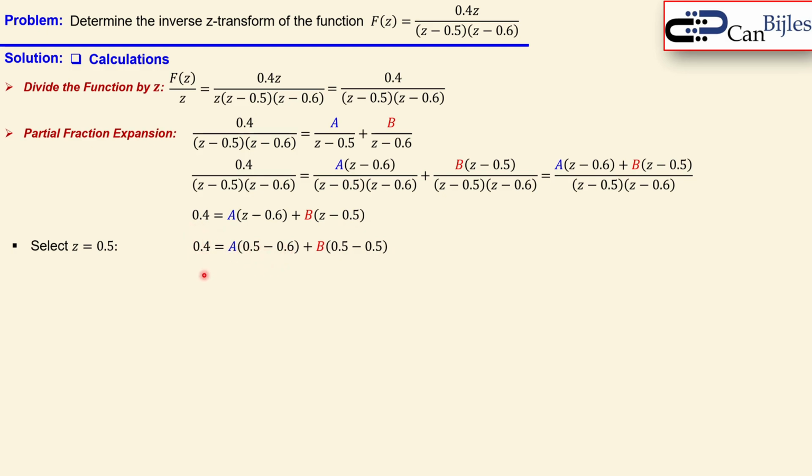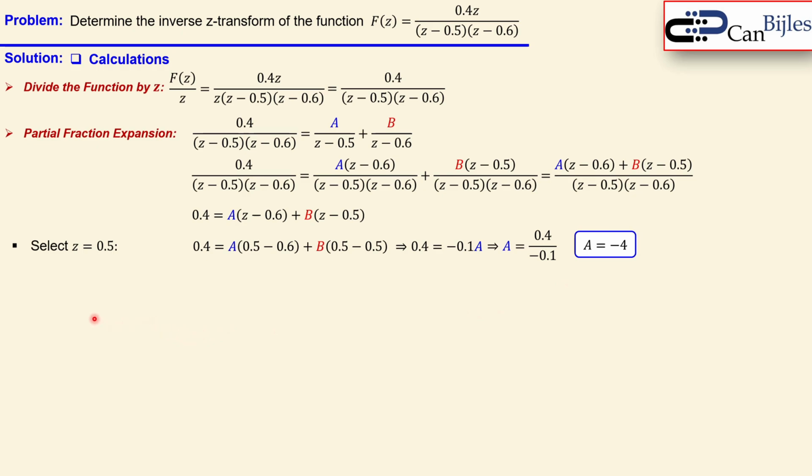The left side will stay 0.4 because there is no dependency on z. So we get 0.4 is equal to minus 0.1 times A, so A will be 0.4 over minus 0.1, which is minus 4. So we have now one of our unknowns.